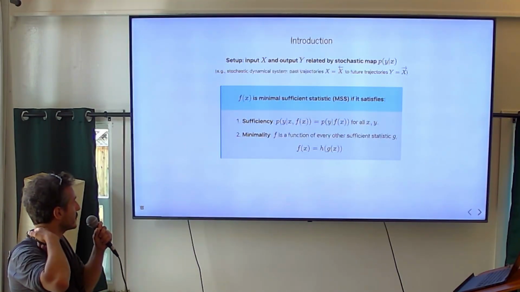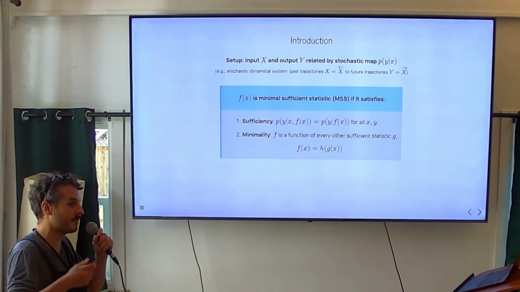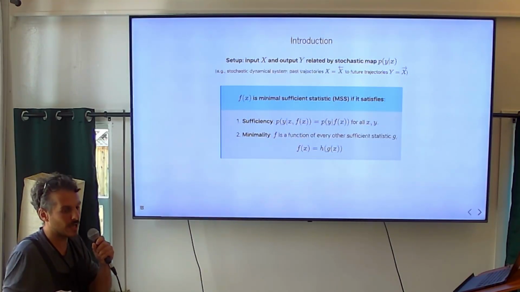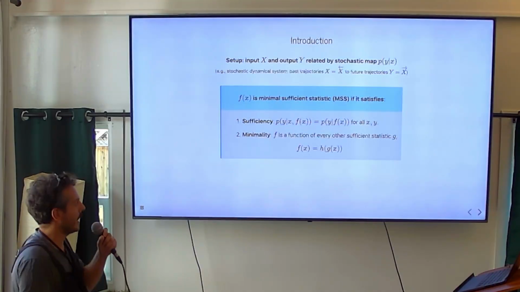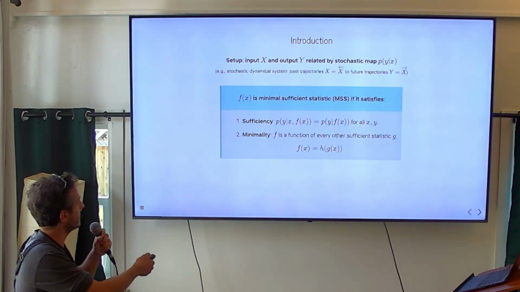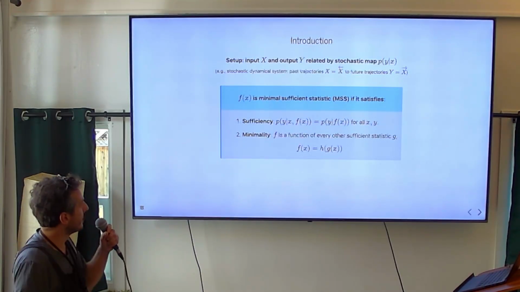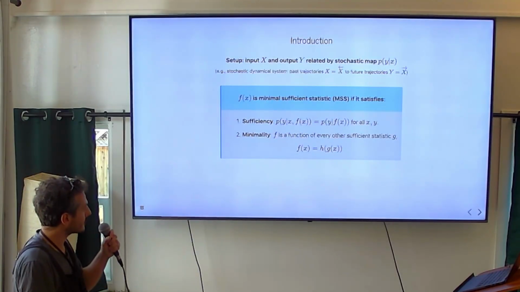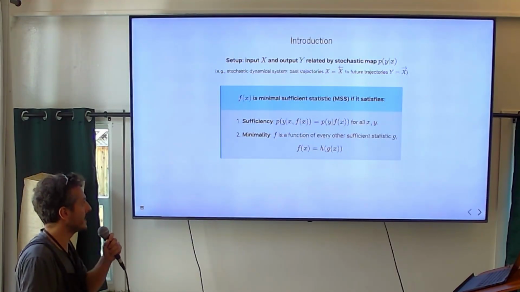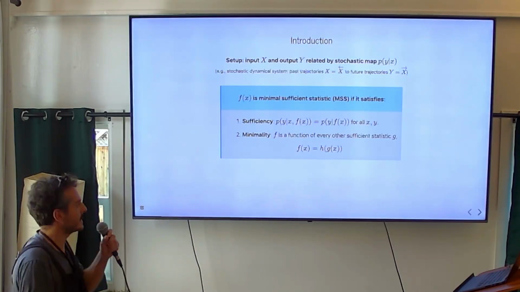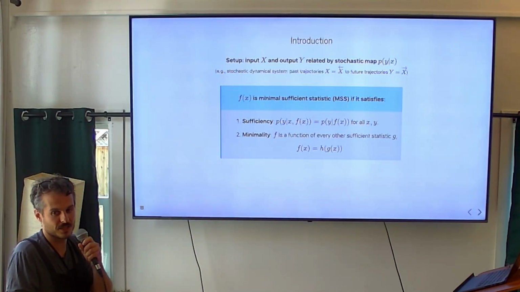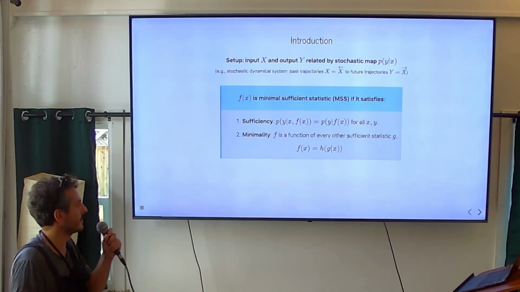The first one is sufficiency, which basically means it's sufficient for me to know f of X to predict Y. I don't gain anything else by knowing X. We can write this in this conditional distribution form. And the other thing we want is minimality, which basically says that f can be written as a function of every other sufficient statistic.